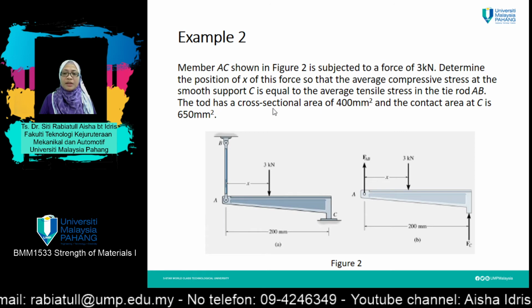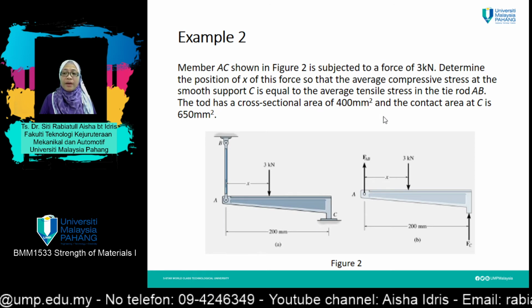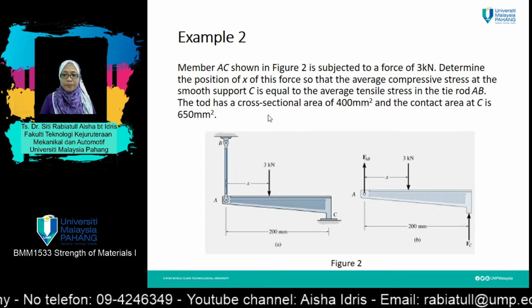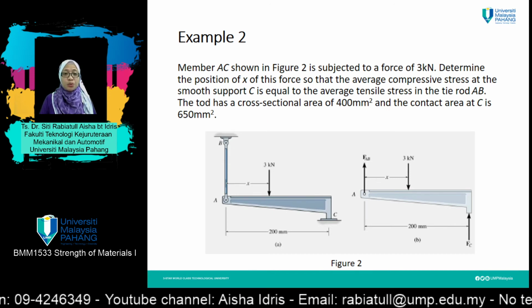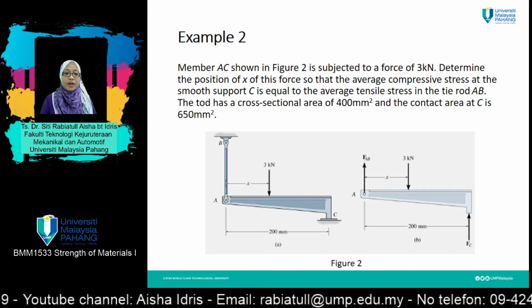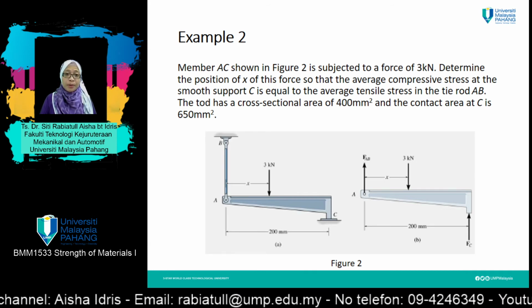The rod has a cross-sectional area of 400 mm square, and the contact area at C is 650 mm square. By right, in this question, you do not need to find the value of area because it is already given to you. So, how to solve this problem?